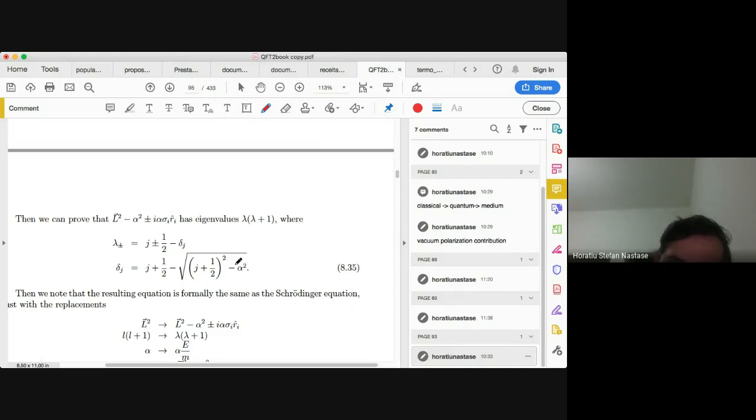So if alpha would be 0, then delta J would be 0, right? Because we will get J plus 1/2 minus square root of J plus 1/2 squared, which would be 0. But now this is non-zero. And moreover, it's a series in alpha squared, because I can expand. Remember, this is a number greater than 1.